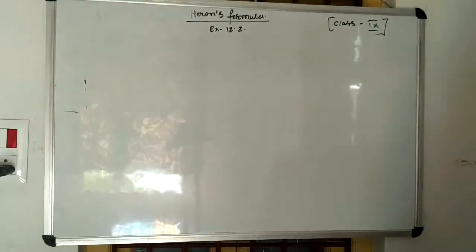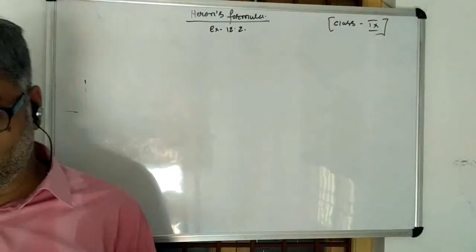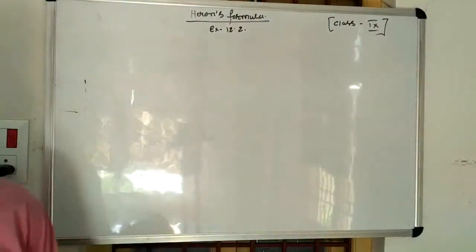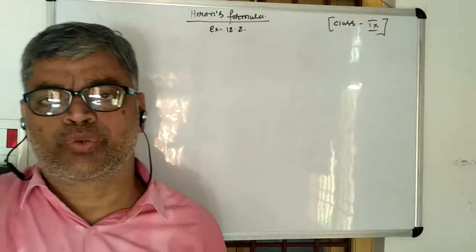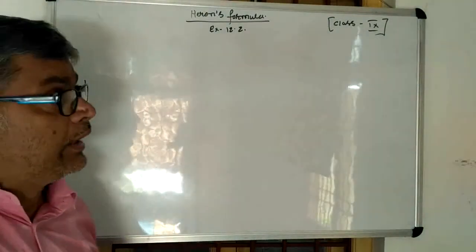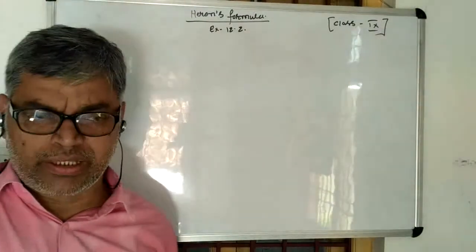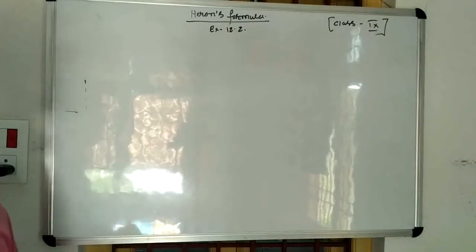Hello students. We were discussing the Heron's formula chapter, and we were in exercise 12.2, which is the last exercise of this chapter, and we are coming to the end of this exercise along with the chapter.